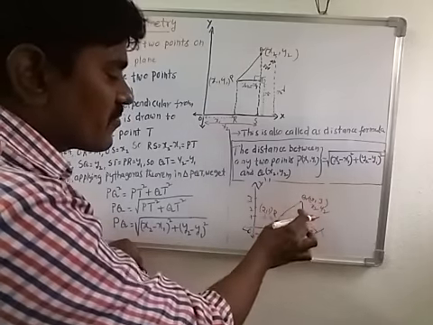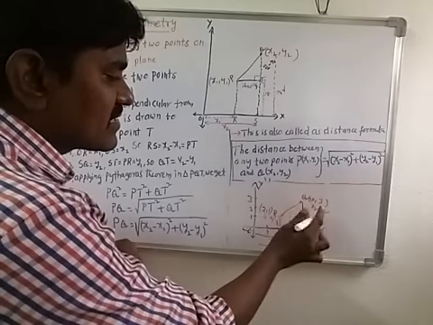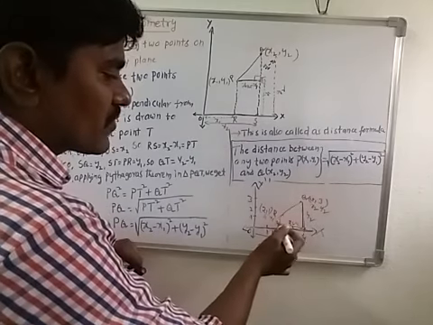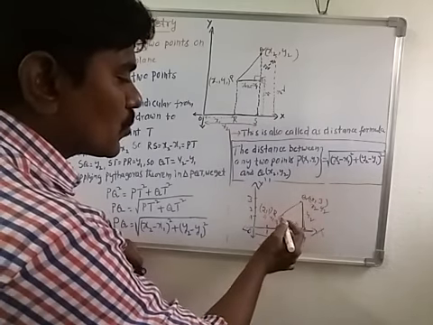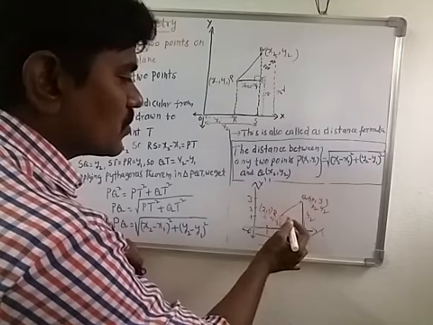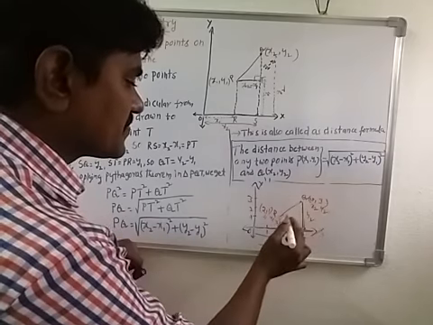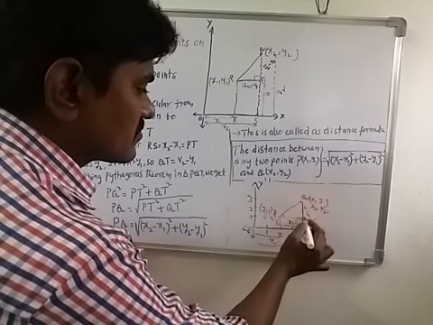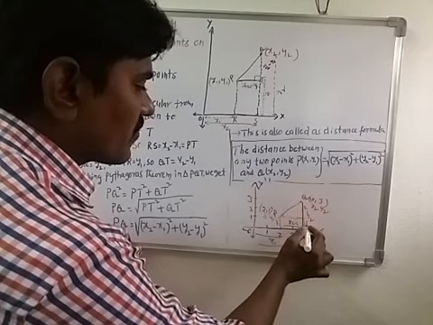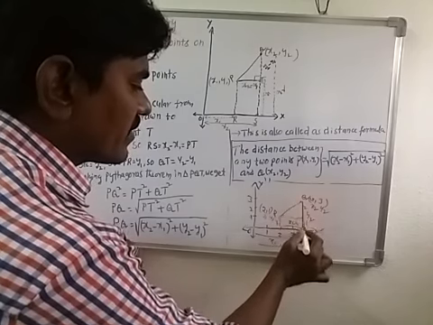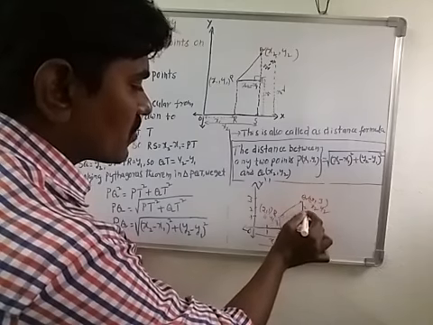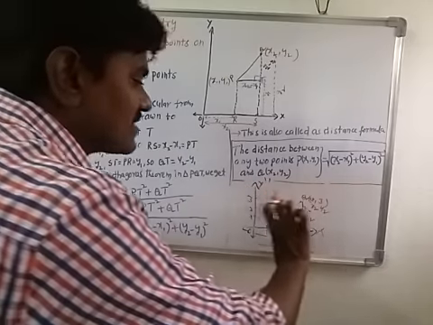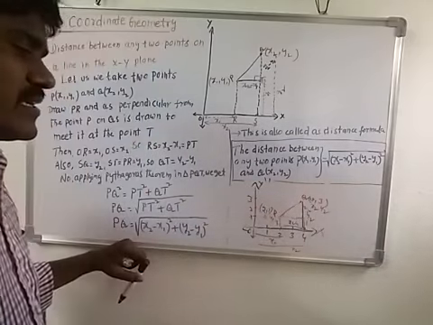How much distance from x-axis is it? y2 minus y1, that is 3 minus 1 is equal to 2 units. So here to here 1, here to here 3, that is total 3 minus 1 equal to 2 units. So from x-axis it is 2 units and also from y-axis it is 2 units.